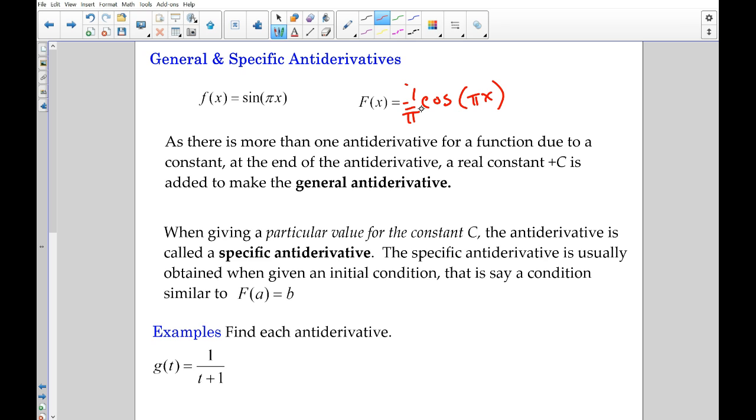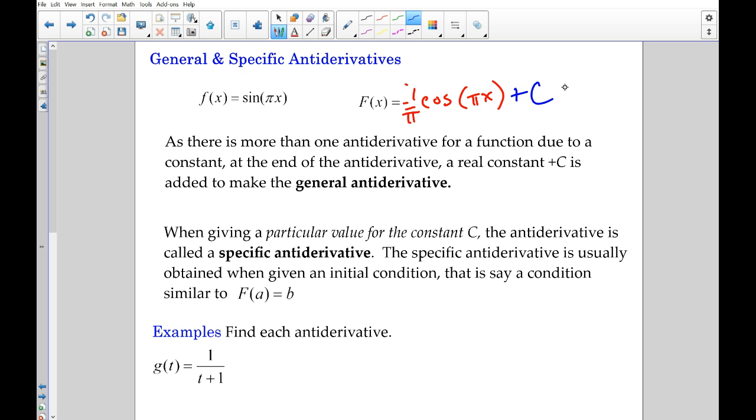Now, technically, when we do the antiderivative, we get a solution family, meaning that we don't get just one solution, we get infinitely many solutions, because in reality there could be a constant. We don't know, it might or might not be there.